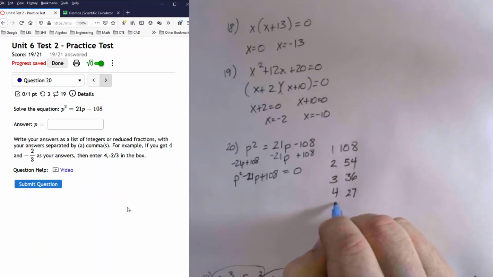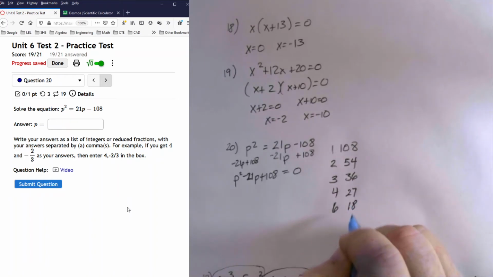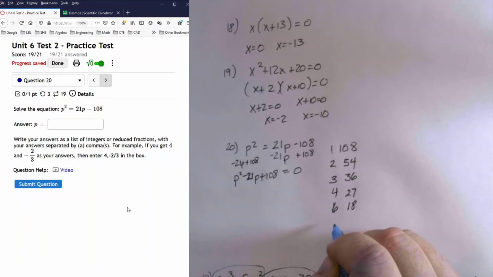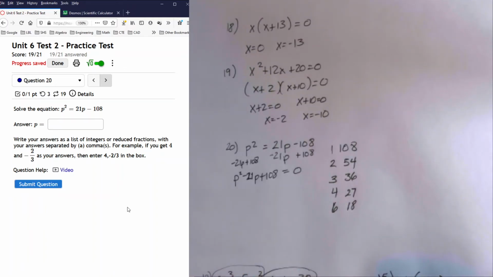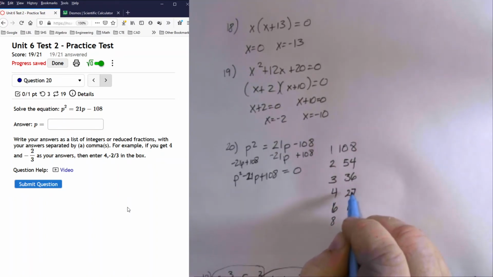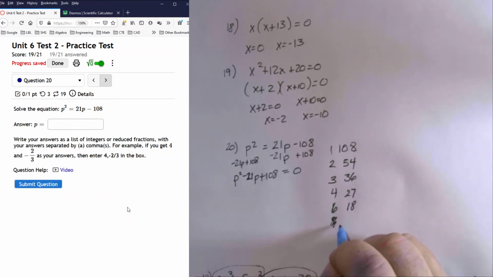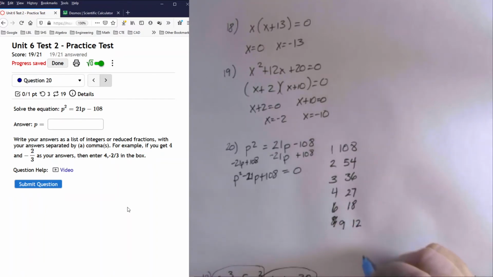So that would be 6 and 18. 7 doesn't go into it. 8 does not go into it. 9 and 12. I think 9 and 12 gets us there. That we can make a 21 out of that.